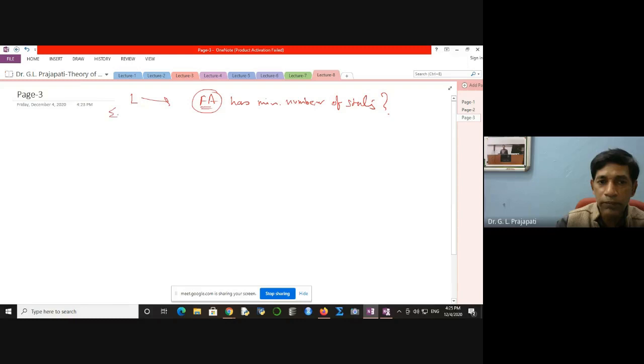You have the set sigma star, which contains all possible strings. For some strings your FA goes to one place, and for other strings your FA goes to different places. So try to find the equivalence classes on sigma star with respect to the language L.